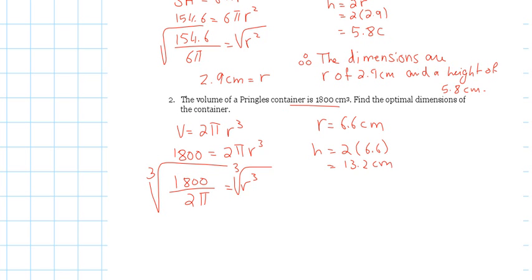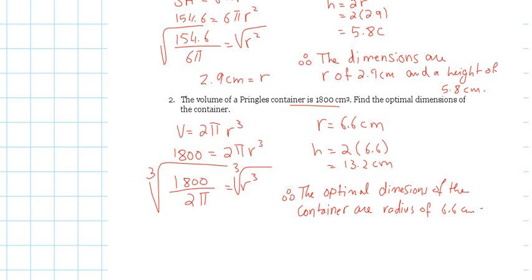So the optimal dimension of the container is a radius of 6.6 centimeter and a height of 13.2 centimeter.